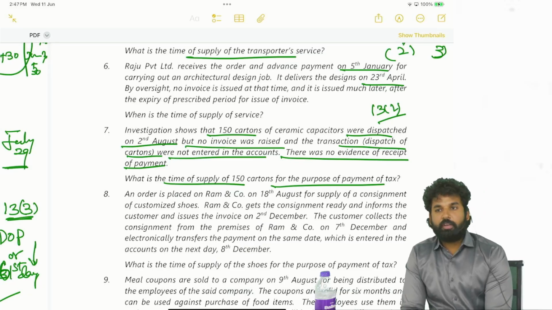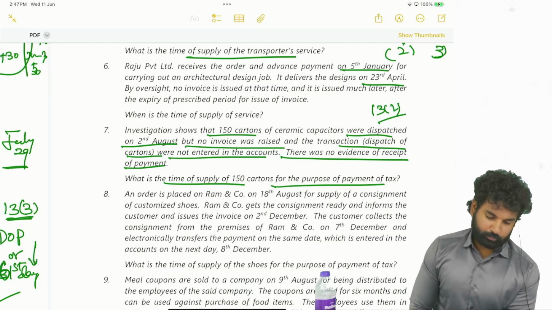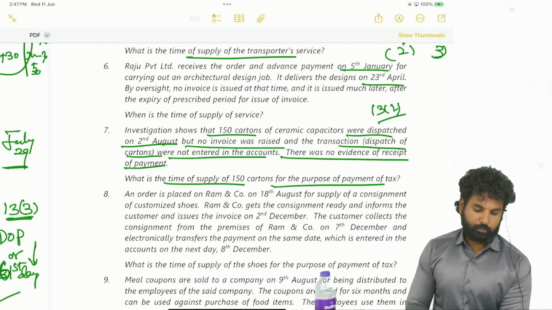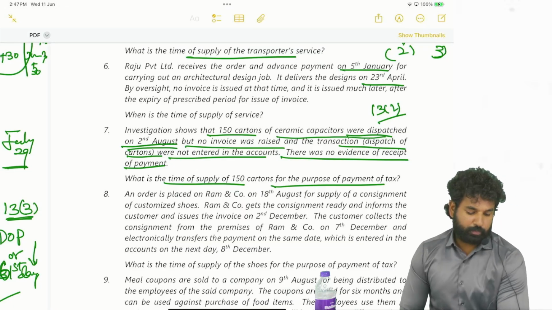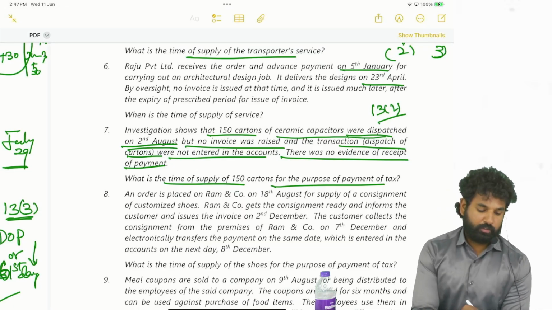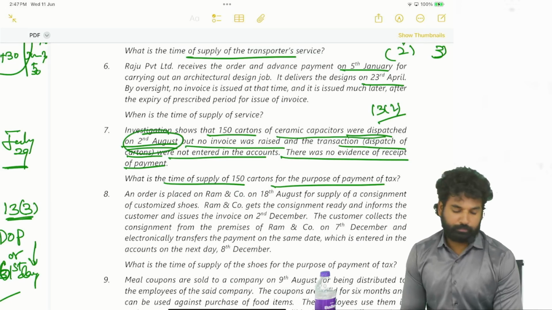Whenever it is unable to determine as per the above parameters, then date of entry in the books of accounts. Correct? See, the capacitors were dispatched on 2nd August. So that way then 2nd August will be the time of supply, date of entry.